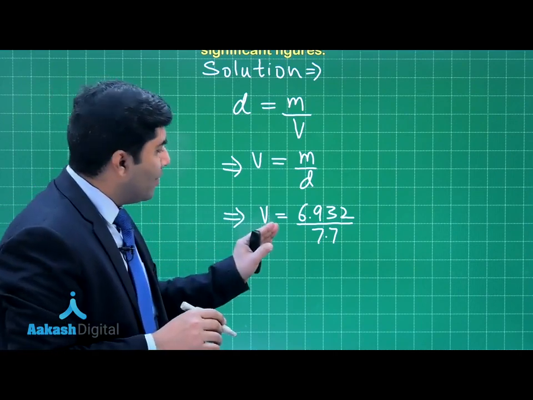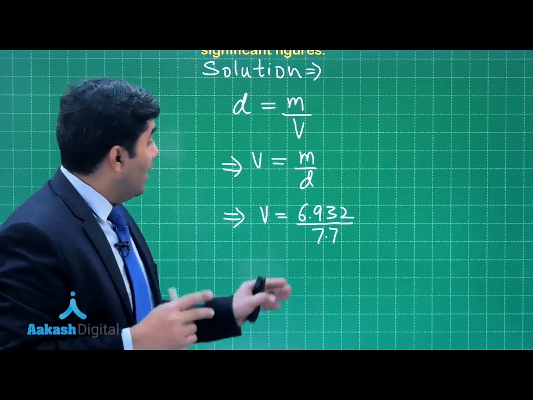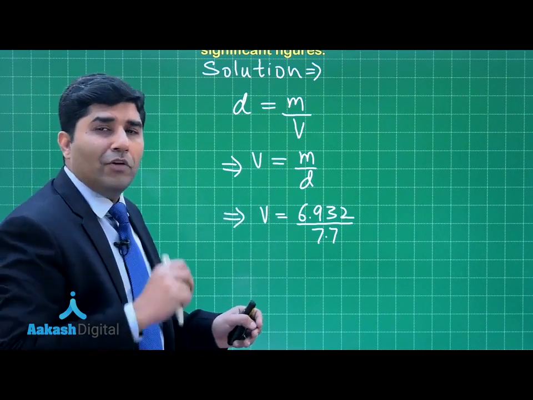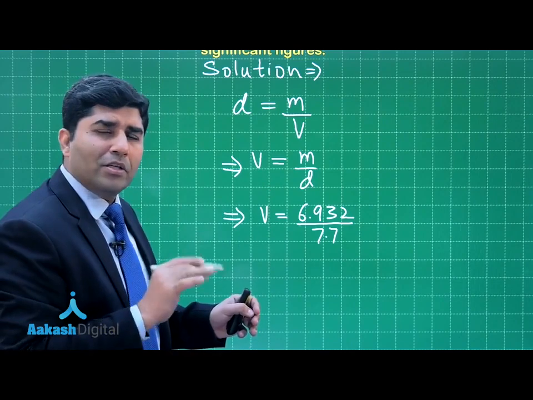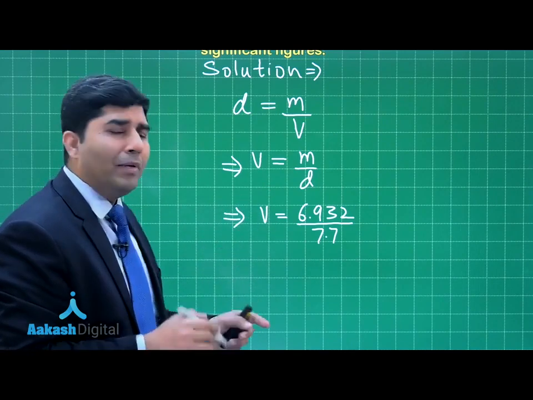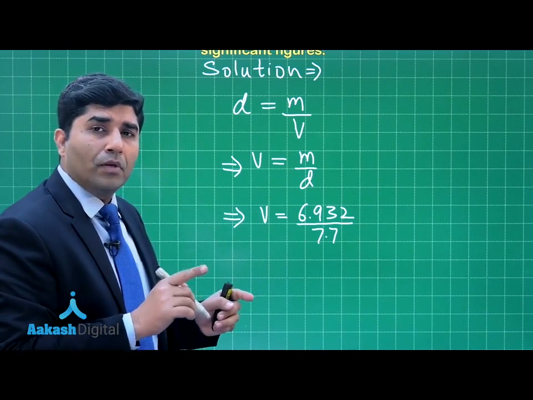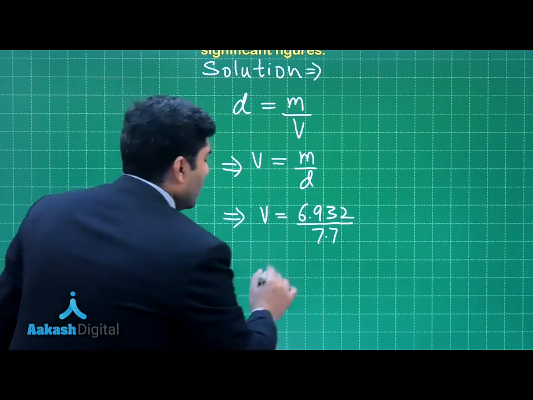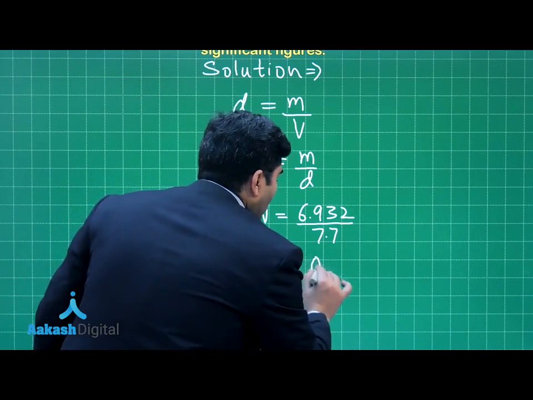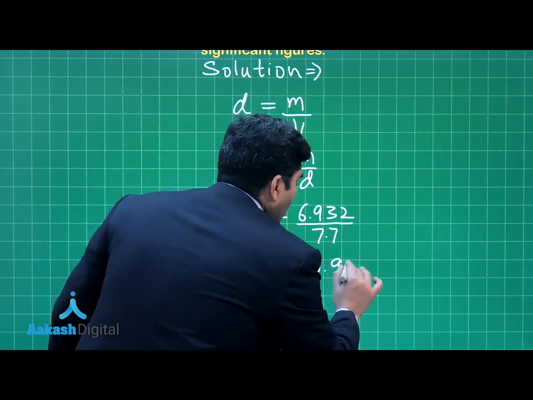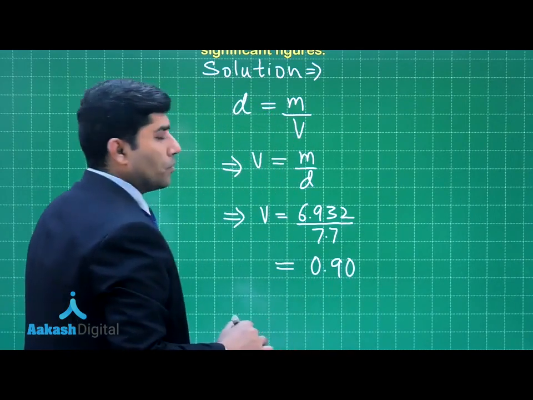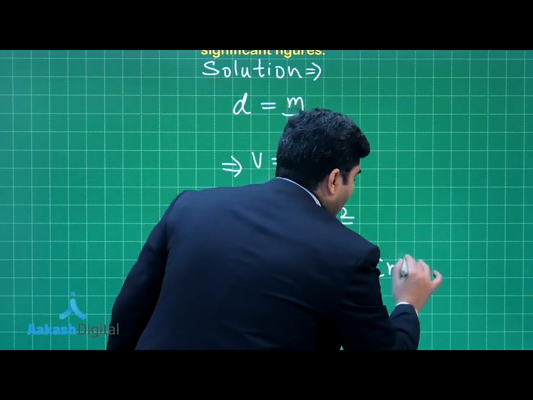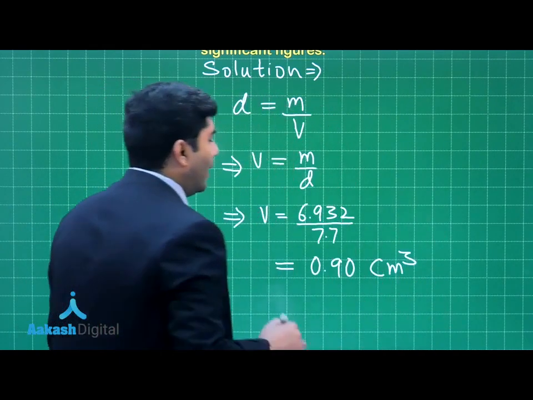In 7.7 there are two significant figures. In 6.932 there are four significant figures. That's why our answer will depend on 7.7, meaning in our answer there will be only two significant figures, and if we divide we will get 0.90, and since we are finding the volume it will be centimeter cube, right?